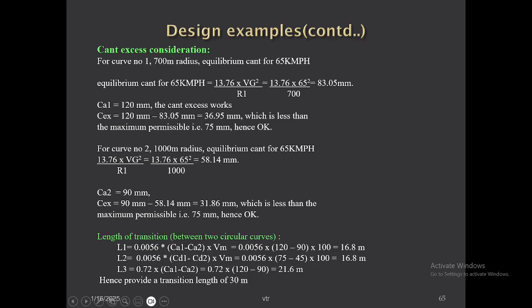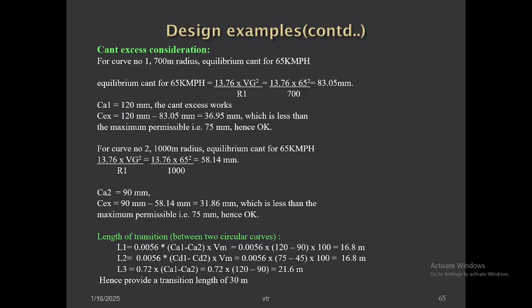Now coming to the cant excess consideration. Whatever we have done so far was the cant deficiency consideration of both curves. Now taking curve number 1, the radius is 700 meter. We are finding the equilibrium cant for the goods train speed. We got 83.05, and CA1 we have provided is 120 mm for curve number 1.